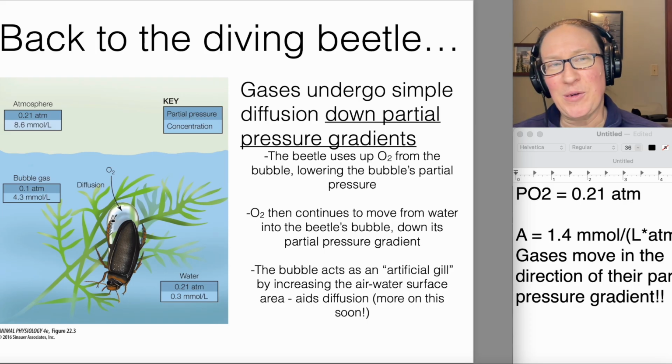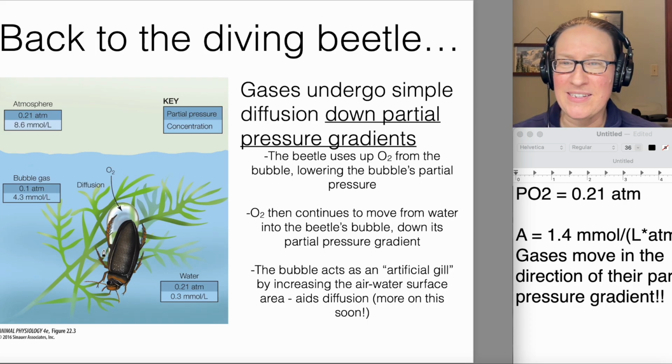One thing I didn't tell you about these diving beetles is that when they dive, they actually take a bubble of air with them. You can't really see it in the video I showed you because it's tucked under the beetle's belly, but they all have it if you were to check for one. This bubble, interestingly enough, has a different gas composition compared to the water around it.